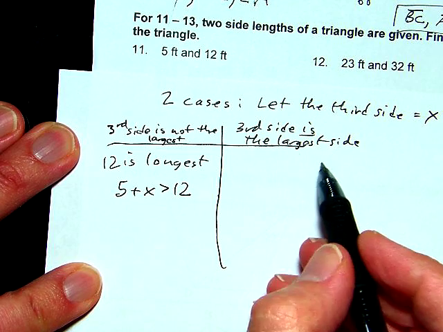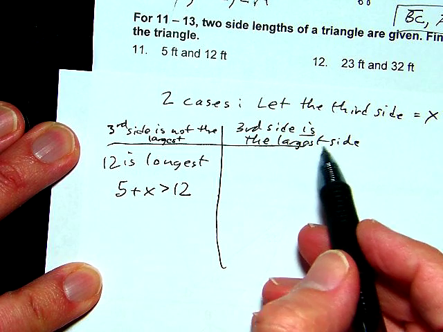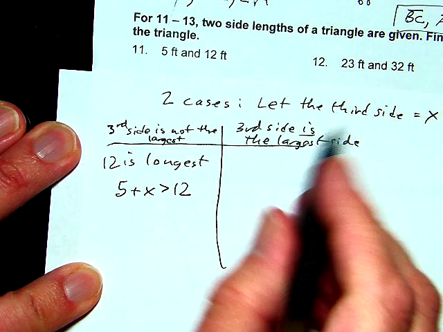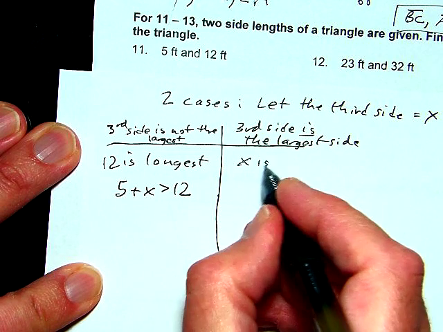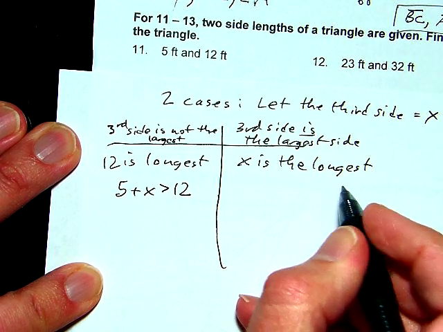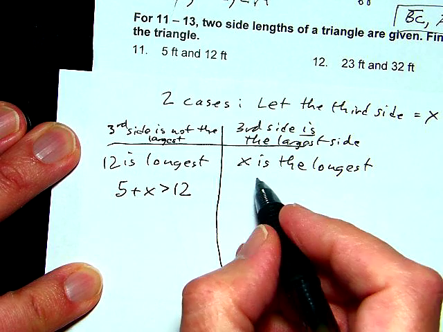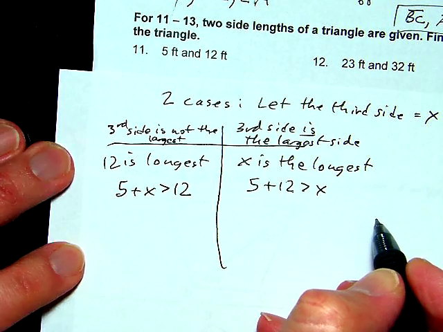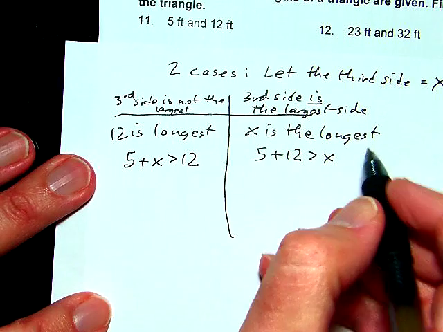If the third side is the largest side, then it's greater than both 5 and 12, and x is the longest side. So by the triangle inequality, the two smaller sides, 5 plus 12, must be greater than x.